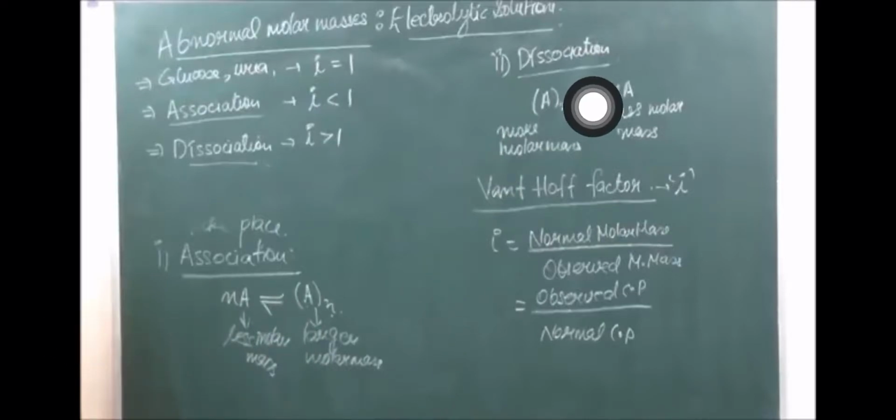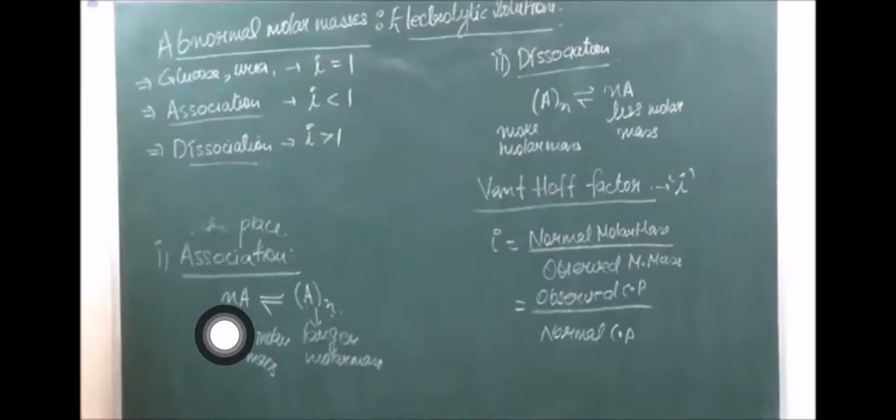Now this is dissociation. In dissociation, what happens if we are taking NaCl, right? N times NaCl means what? NaCl is dissociated into Na plus and Cl minus. How many Na plus and how many Cl minus will there be? N, right? Initially NaCl was there, it had more mass because its size was bigger, and then it got dissociated and formed lower molar mass, right?